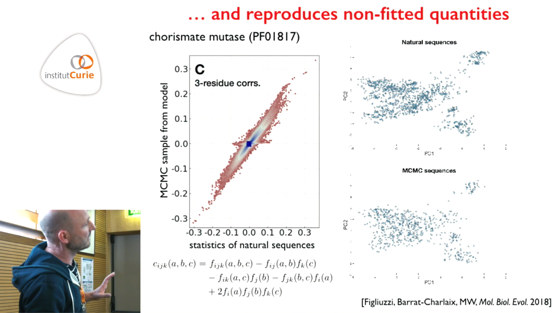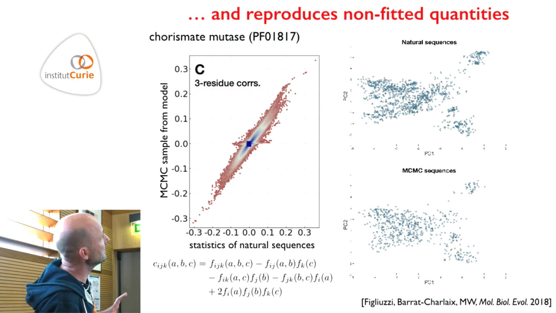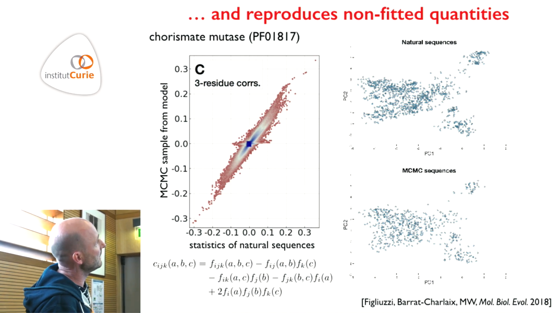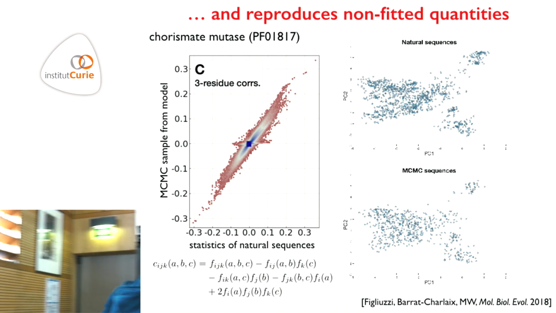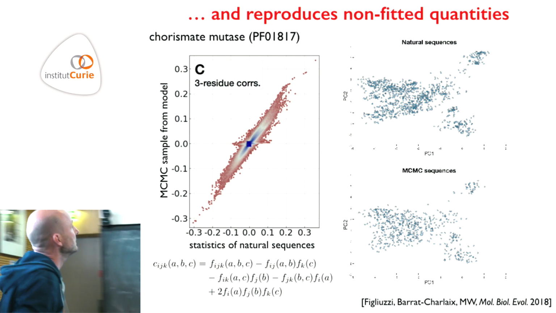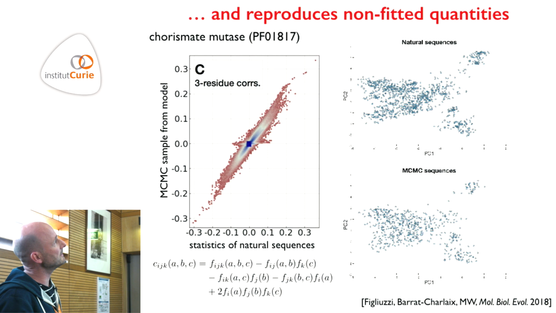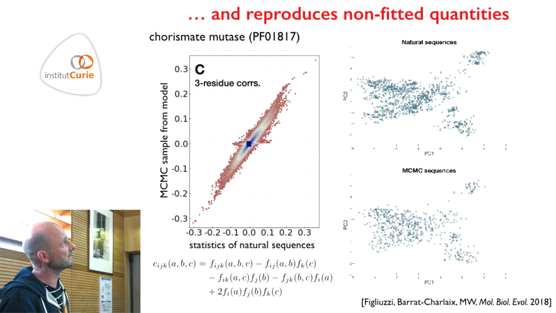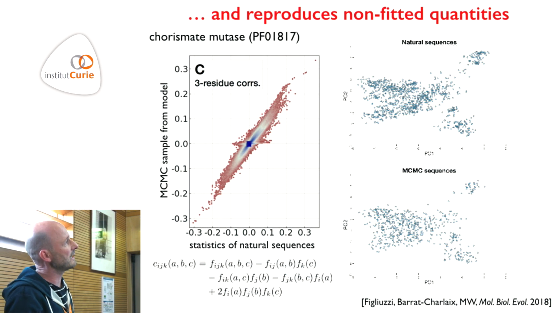These plots look much nicer on my screen. But what you see here is a principal component plot of the natural sequences and the sampled sequences. And you see there is some clustered structure which is well reproduced even there.